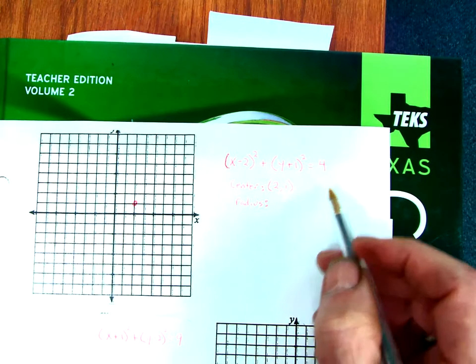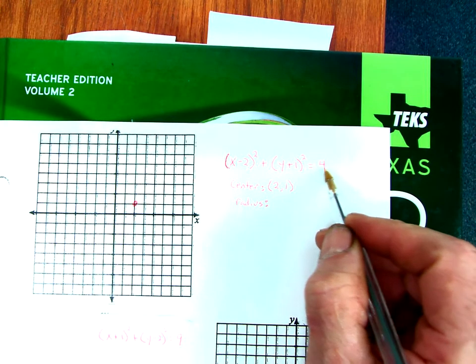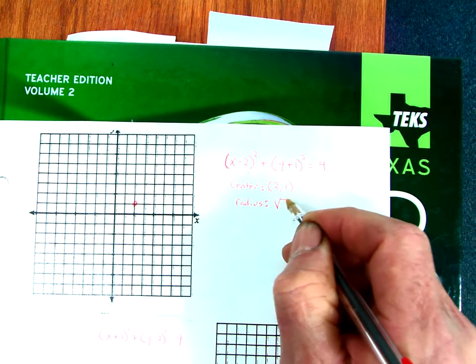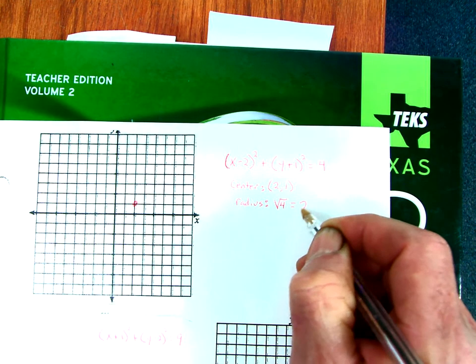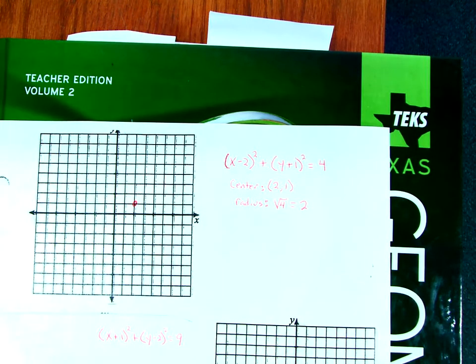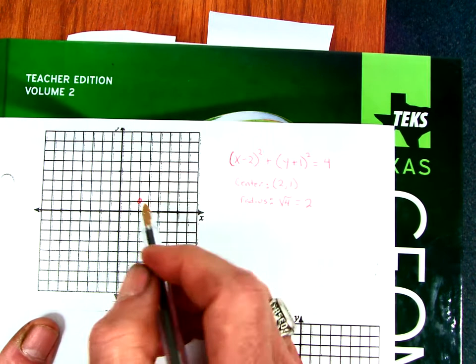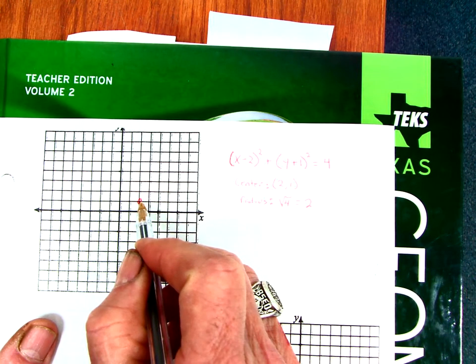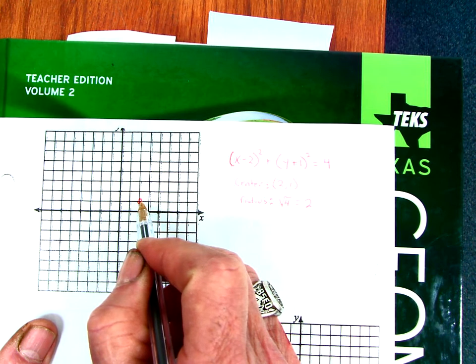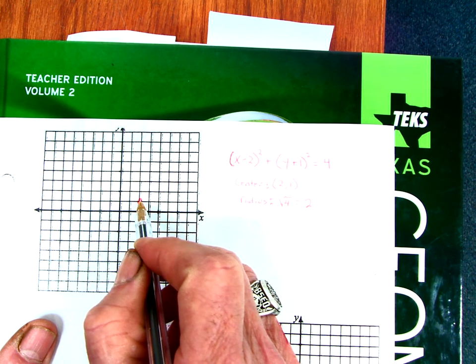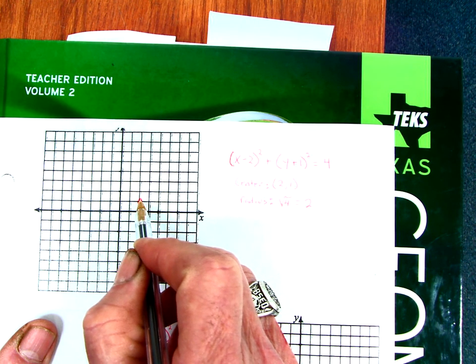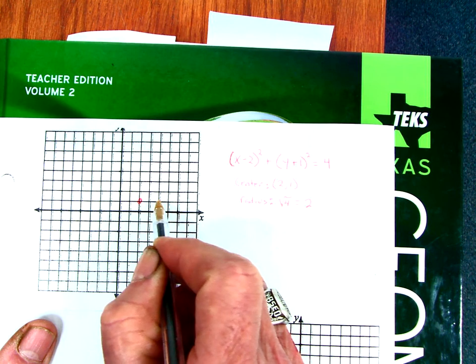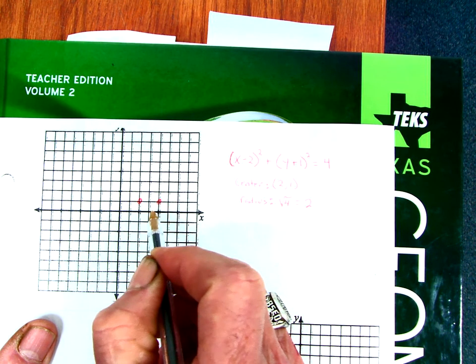Now I need a radius. This is r squared. So my radius is the square root of 4, which is 2. My radius is 2 units long. To draw the circle, I'm going to plot 4 more points. First, from my center point, going 2 to the right, since my radius is 2.